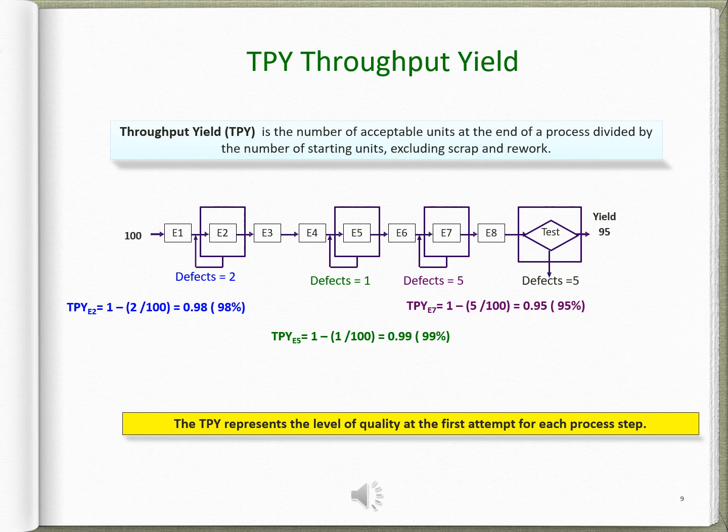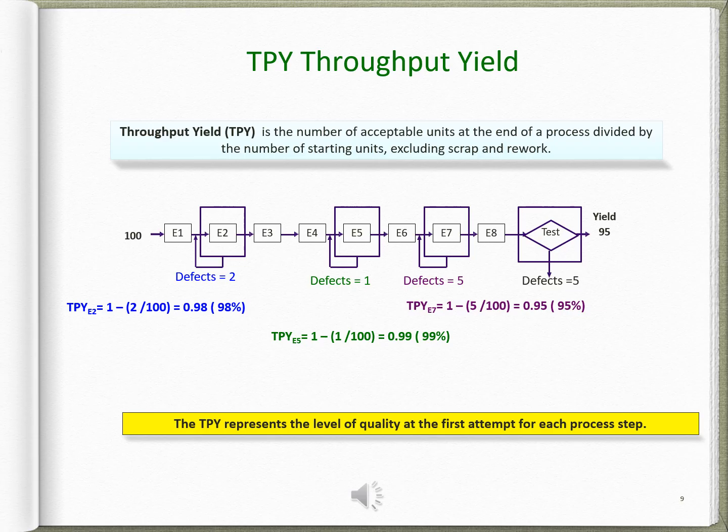Then, this proportion is multiplied by 100 to obtain a percentage. Alternatively, the number of defective units is divided by 100, then subtracted from 1, and then the proportion is multiplied by 100 to obtain a percentage. It can be seen that step 2, E2, presented 2 defects out of 100 units. Thus, its TPY is 98%.